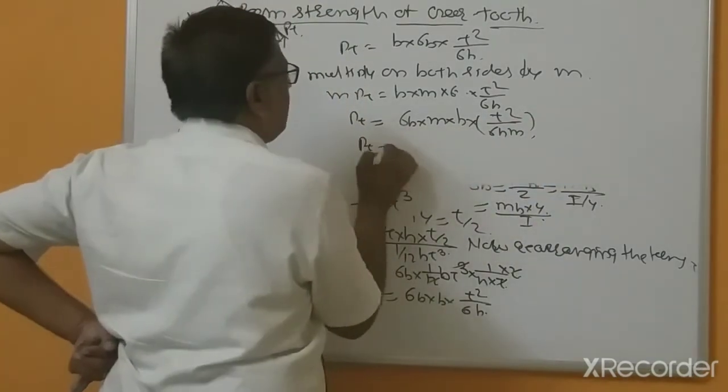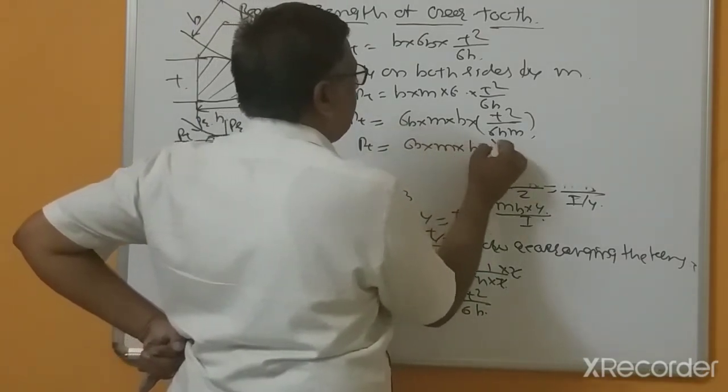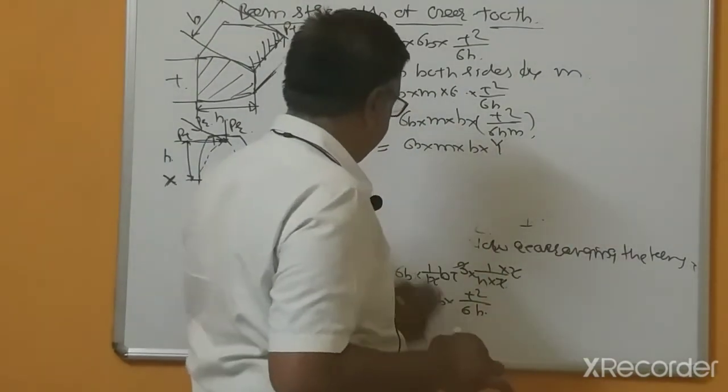These terms are called y, the Lewis form factor.